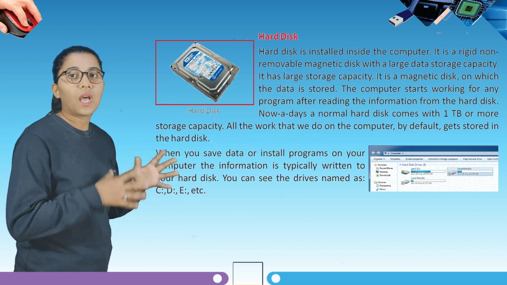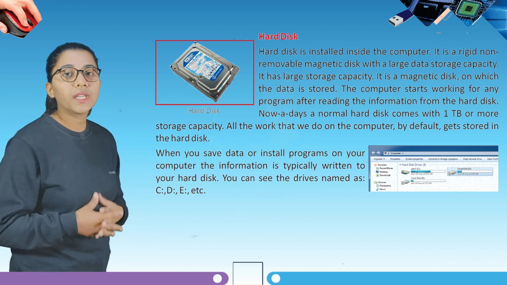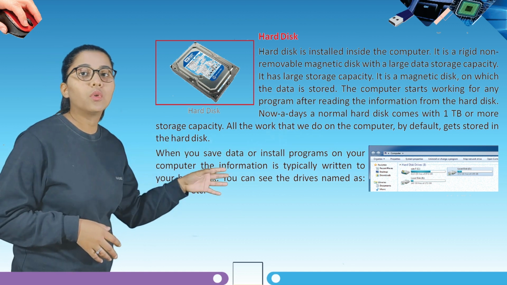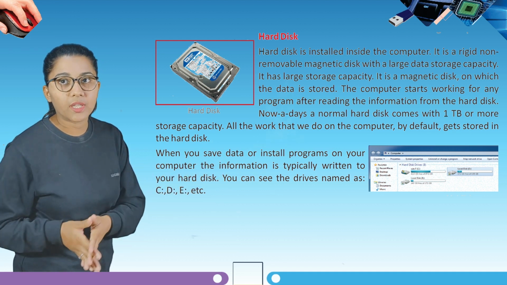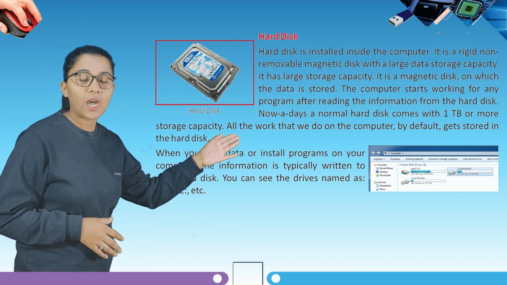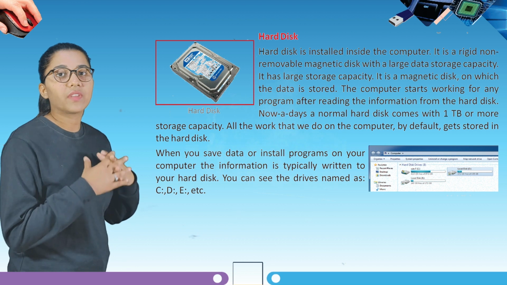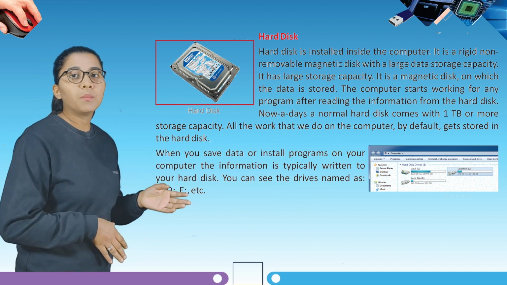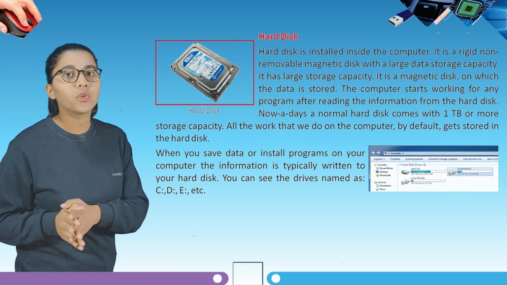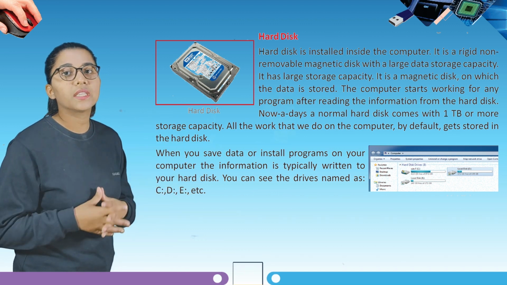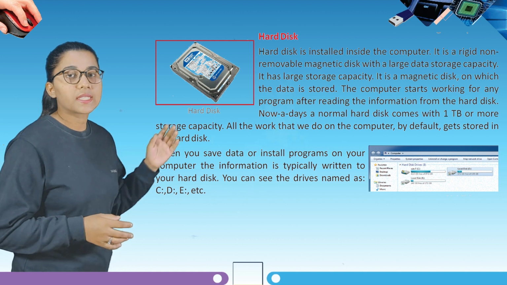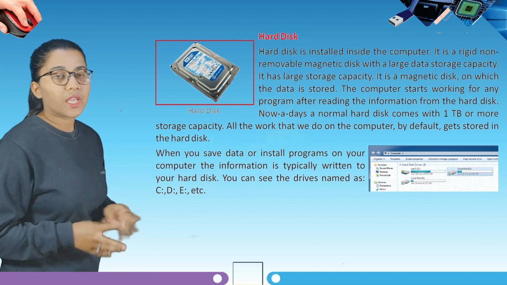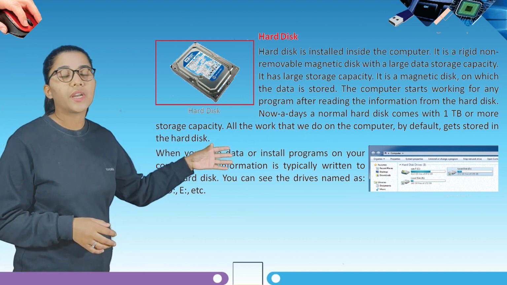Nowadays, a normal hard disk comes with 1 TB or more storage capacity. All the work that we do on the computer by default gets stored in the hard disk. When you save data or install any program on your computer, the information is typically written to your hard disk. You can see the drives named as C, D, E, etc. So students, here you can see the picture of a hard disk.